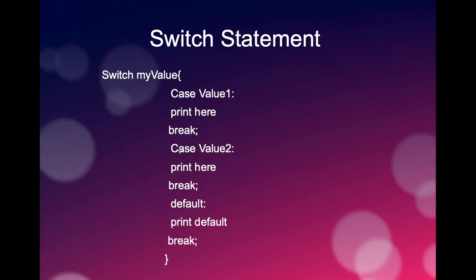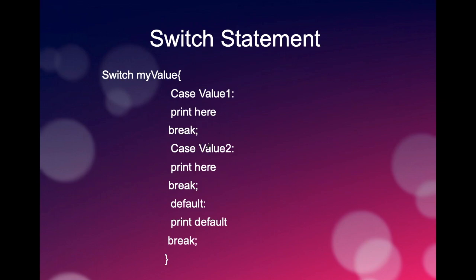First I have to show you the switch case syntax. We can see here the switch. This is the switch, and my value, it's a set of values, and this statement is a case. If the value is 1, print here, and then break.